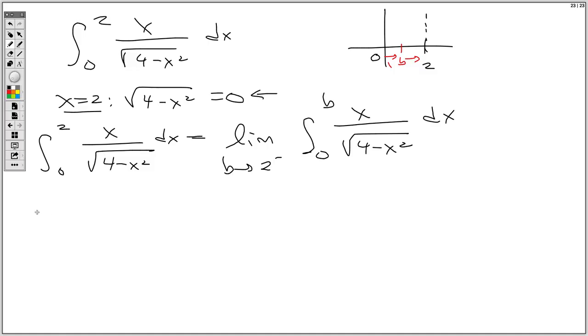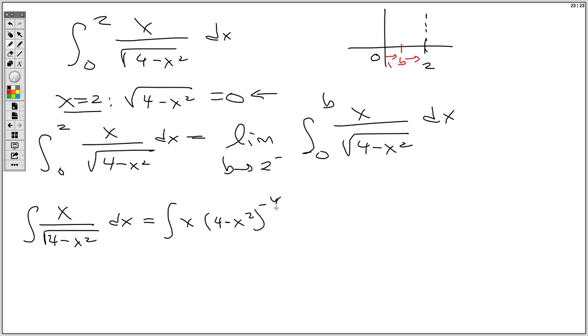So I have to figure out this integral. I can write this as x times 4 minus x squared to the minus 1/2 dx. And this is a basic Calc 1 u substitution. I've got the x already there.